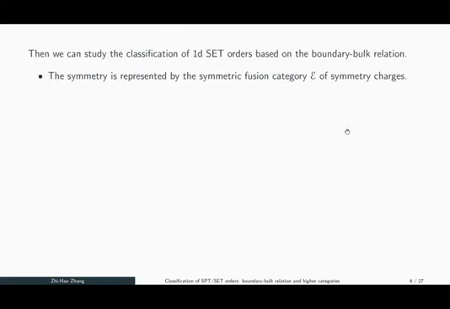Then we can study the classification of 1D SPT orders based on this boundary-bulk relation.